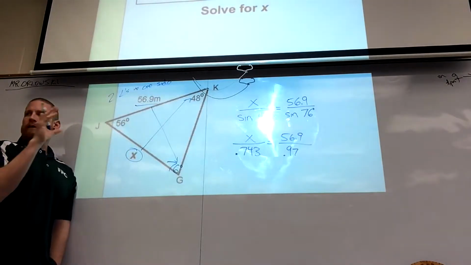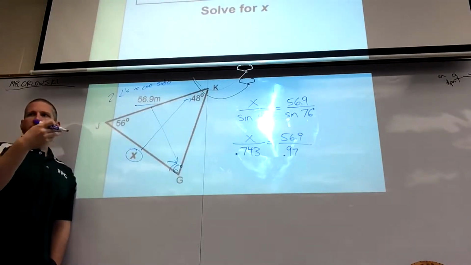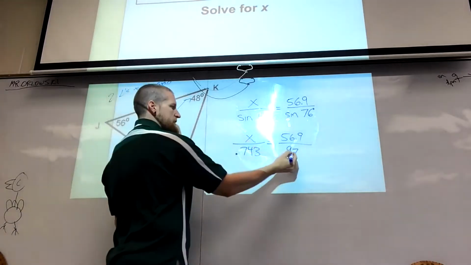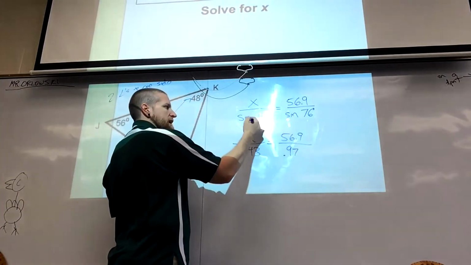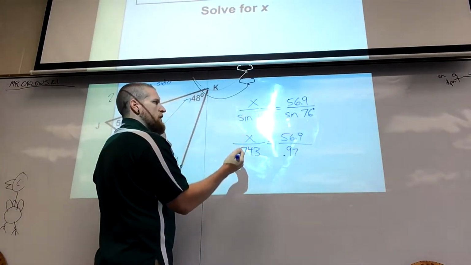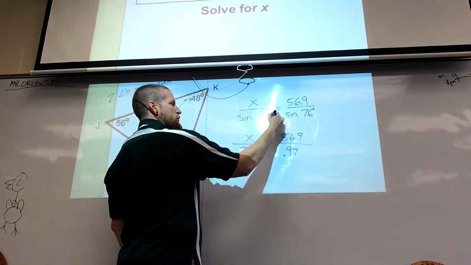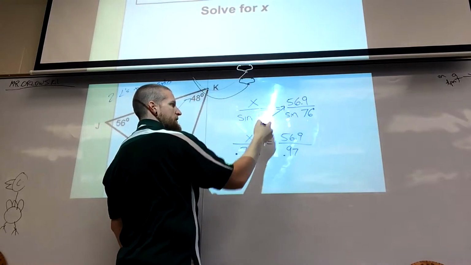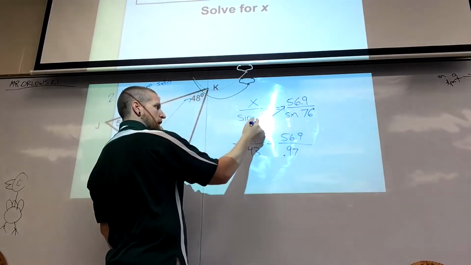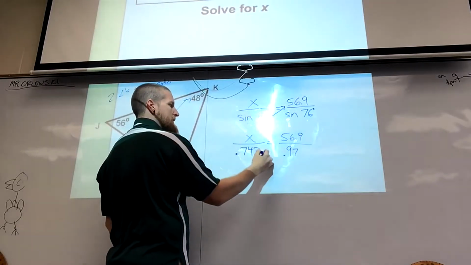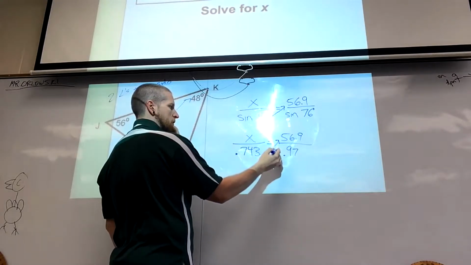The whole point of doing that was so that now if you see this, you can see that this is a number, not a word with something else there. A lot of times when people leave it this way, when they start cross multiplying, they'll do 48 times that, which is wrong. You want to do the sine of it first, then do the cross multiplying.